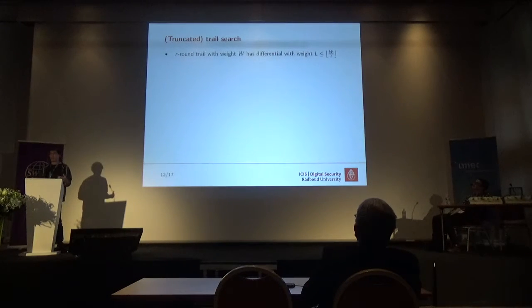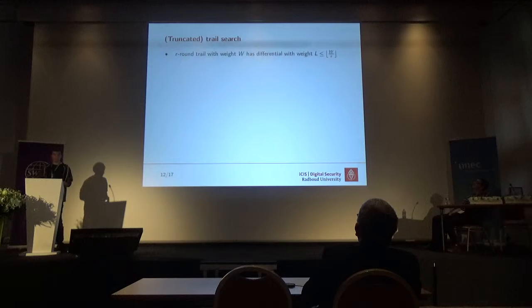A lot of papers focus on finding differential and linear trails using MILP or MLLP. But there was this paper that used a more dedicated approach for Keccak. They got very good bounds there, and we're trying to fit our design into this work and reuse the method that was used there.